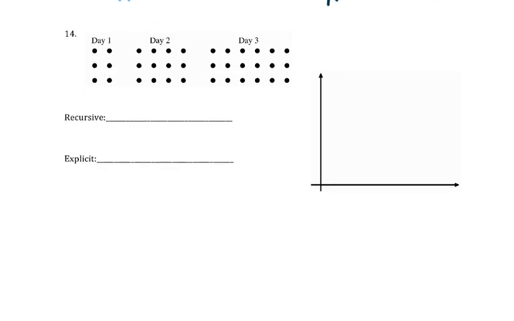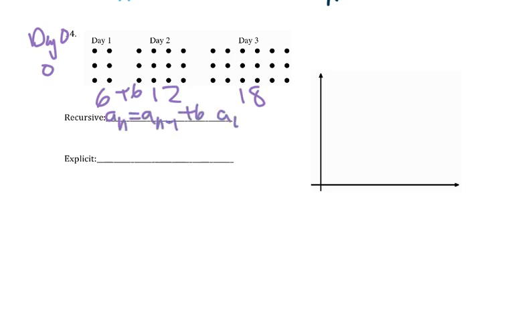Alright, last problem. We start out on day 1 with 6, then we go 12, then we go 18. So we're adding 6 each time. So if we go back to day 0, there would be 0 dots. So a sub n equals a sub n minus 1 plus 6. A sub 0 equals 0.